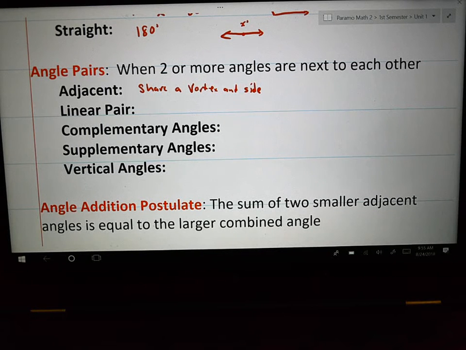They have that in common. That's one of the words that they use. It's a common vertex and a common side.